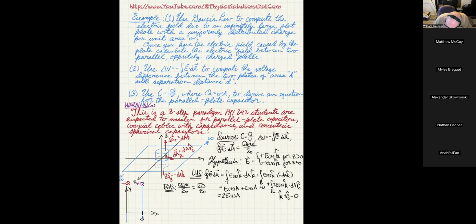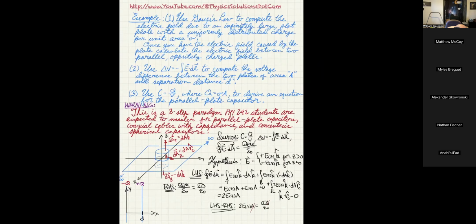Now I can say left-hand side equals right-hand side. When I do that, I get 2E of ZA is equal to sigma A over epsilon naught. You can see that the A's in fact cancel out.